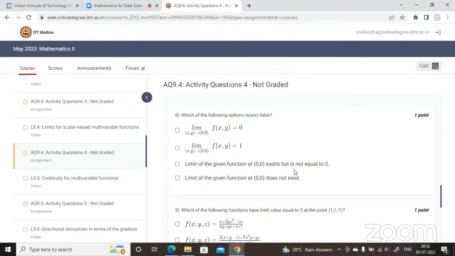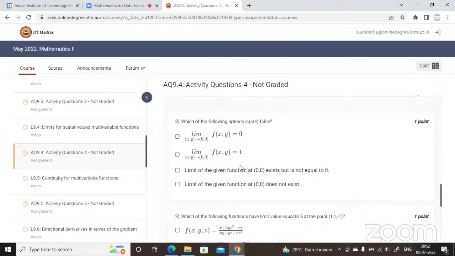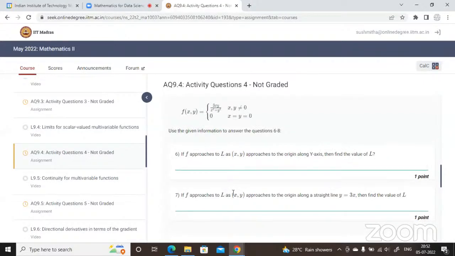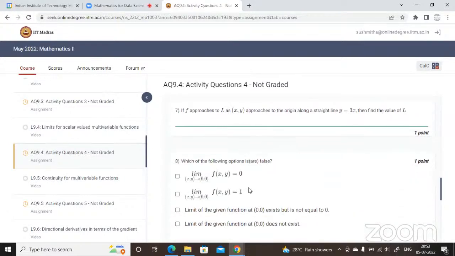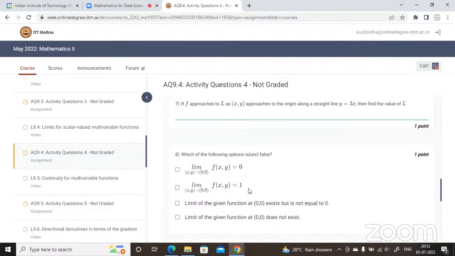The answer sheet gives a different answer. But the question is not about left hand and right hand limit; it is about the limit of the given function at (0,0). So all the infinitely many paths you should consider. You have done problem 6 and problem 7 and got different answers, so the limit does not exist. Okay, got it.